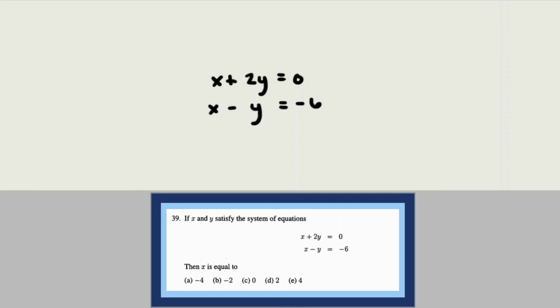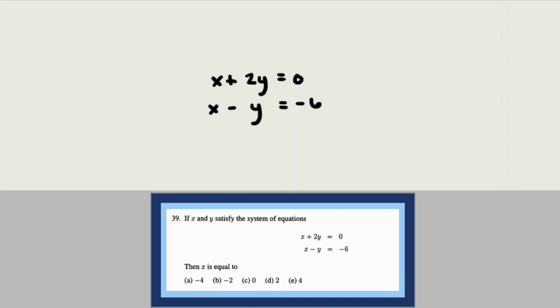Alright, so I wrote down our system of equations, and remember with systems of equations, there are essentially 3 ways we can solve them. But I'm going to use one of the ways because we have our x's and y's lined up, as you see, it's x plus 2y equals 0, and then x minus y equals -6. I'm going to use the elimination method because it's just easy to use.